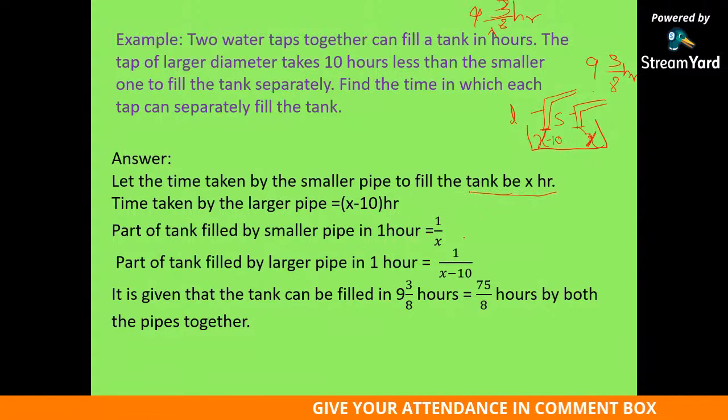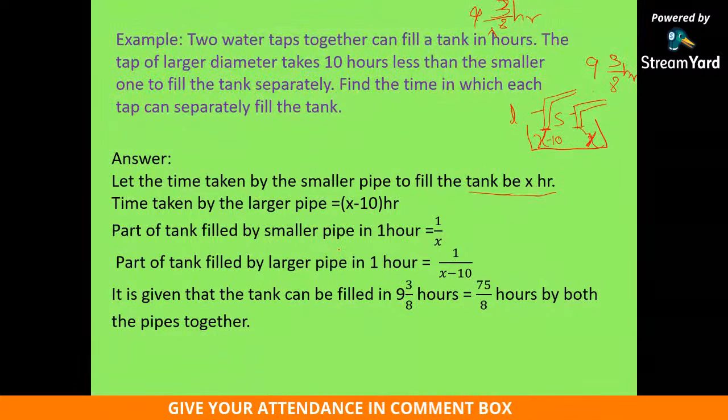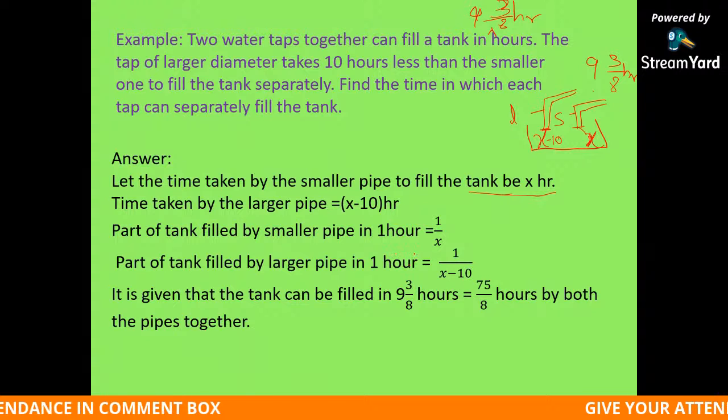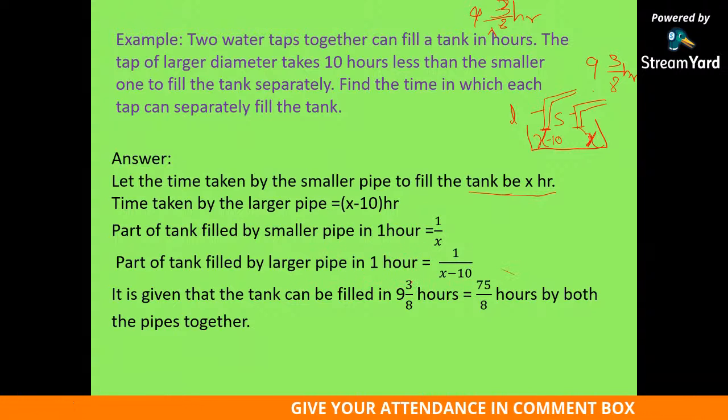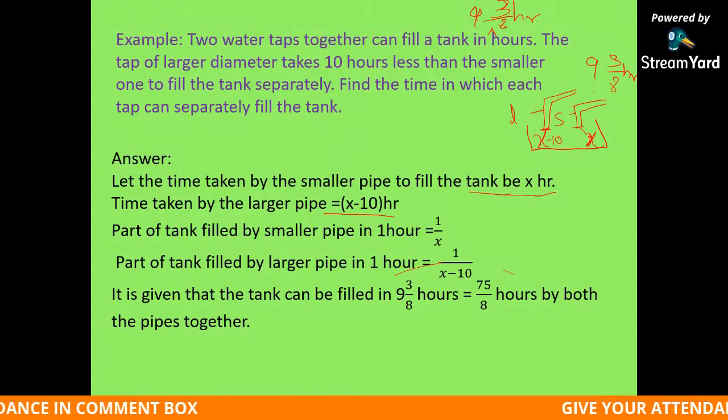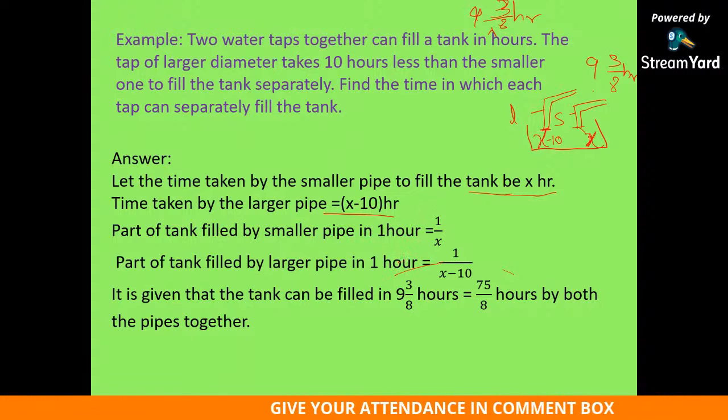Let the time taken by the smaller tap be x hours, and the larger tap will become, according to the statement, x minus 10 hours. This is the total time taken to fill the tank by each tap.